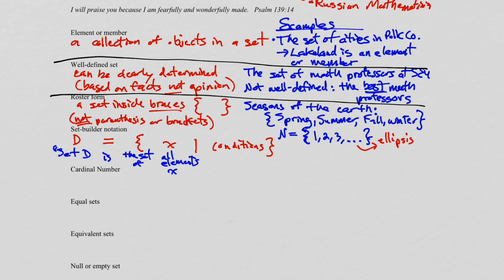Okay, so the set D is the set of all elements X such that, where the bar means such that. Let me do that again, just a bar.